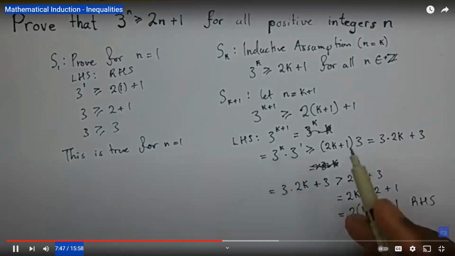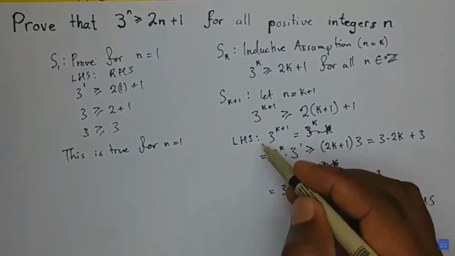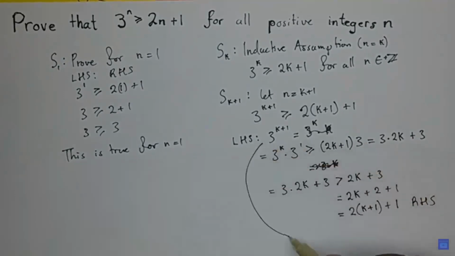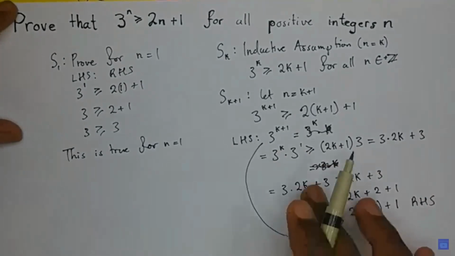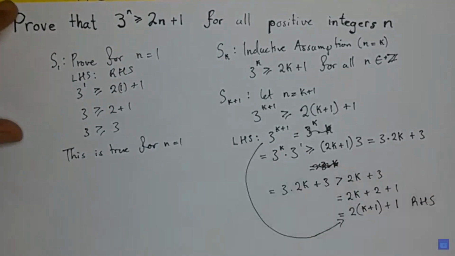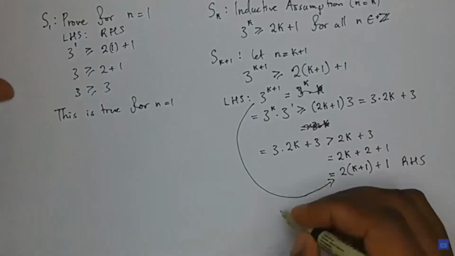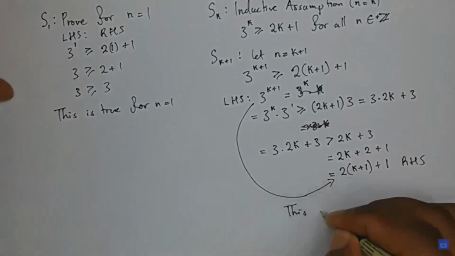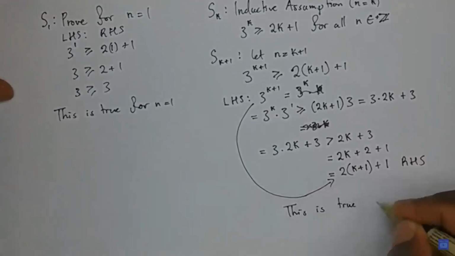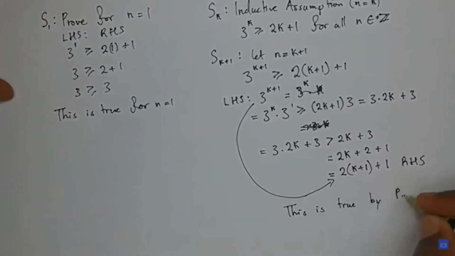Meaning that what we have on the left hand side is greater than what we have in the final step. This proves by induction that the left hand side is greater or equal to the right hand side. So we can even give a conclusion and say this is true by the principle of mathematical induction.